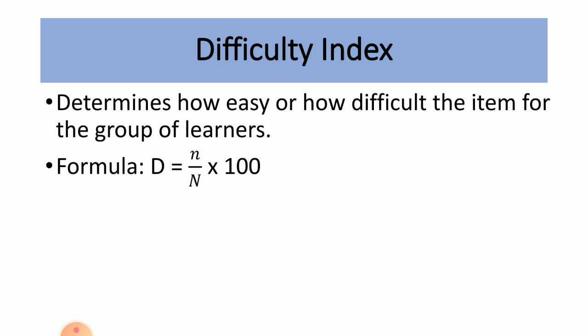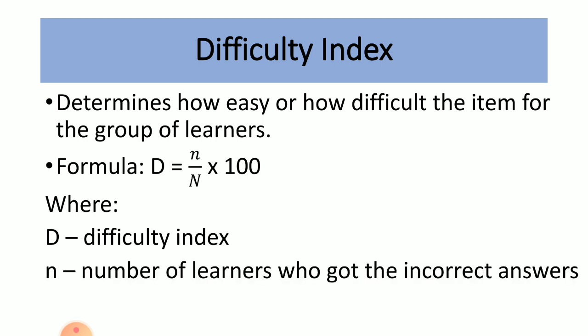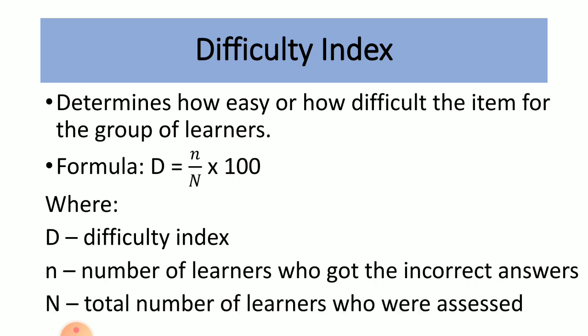We will use the formula D equals lowercase n divided by uppercase N times 100, where D stands for difficulty index, lowercase n is the number of learners who got the incorrect answers, and uppercase N is the total number of learners who were assessed.